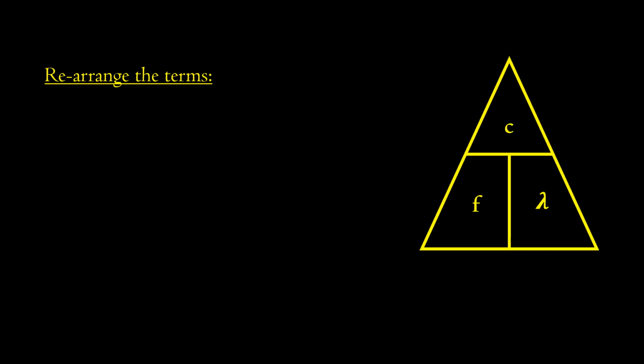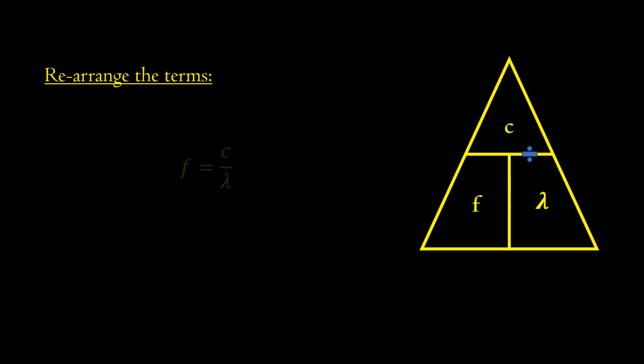So we need to rearrange the terms because we're not trying to solve for the speed, we're trying to solve for the frequency. So we will use this triangle over here, where it says that the frequency of an electromagnetic wave or radiation equals c divided by lambda.